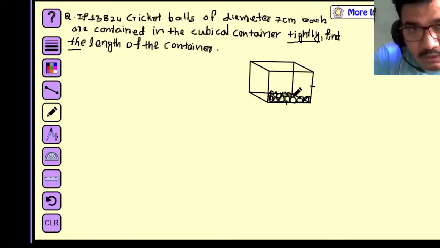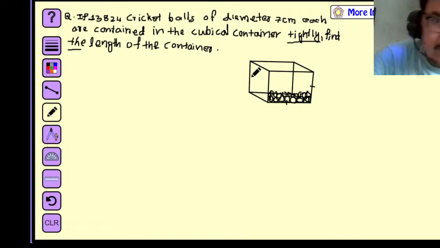I am repeating the word. These balls are kept so tightly. This is just an example I am showing here. Like this, balls are kept. So all the cricket balls are kept inside this cubical container. How many are there?